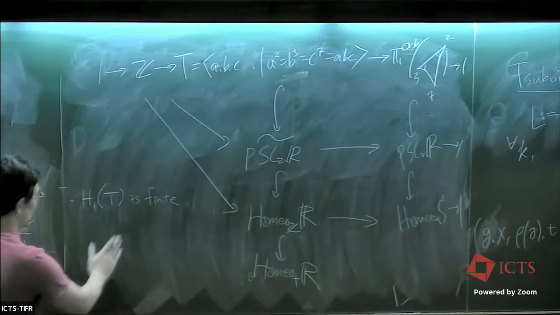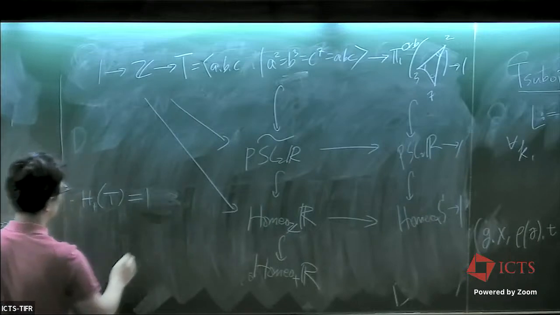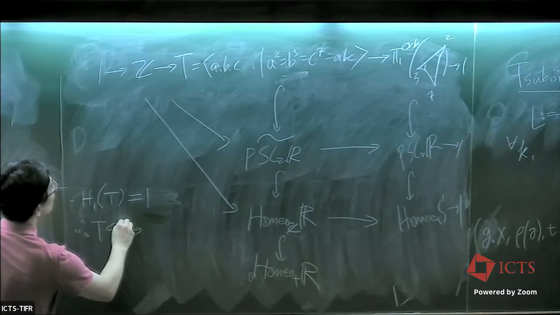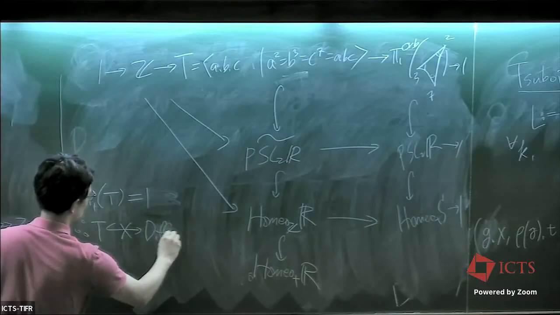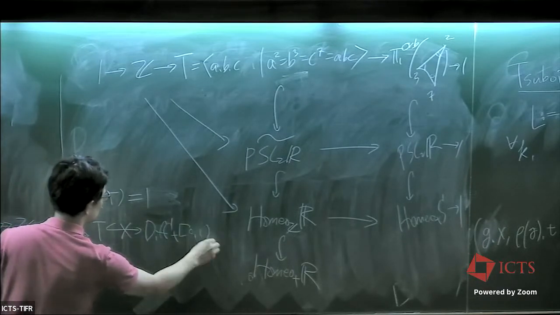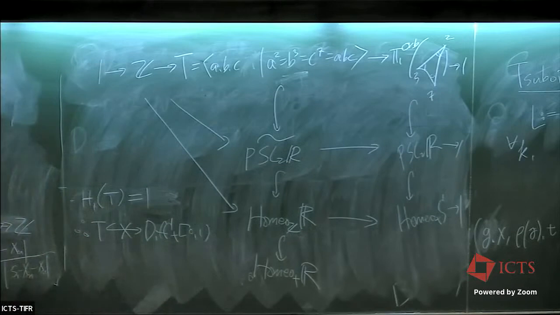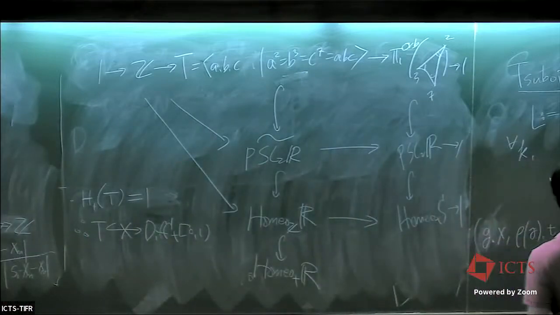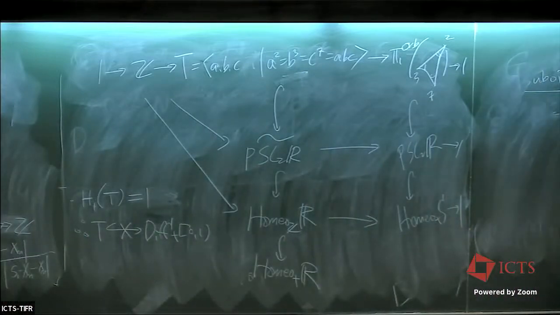Yeah, it's trivial actually, right? Therefore, T can never embed into Diff1. So this is what he mentioned in the same paper. So there are groups which admit a C0 action, but not a C1 action.